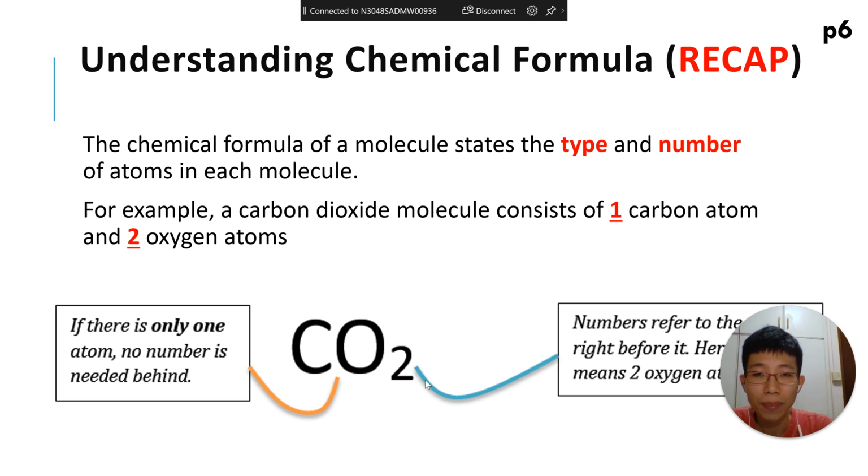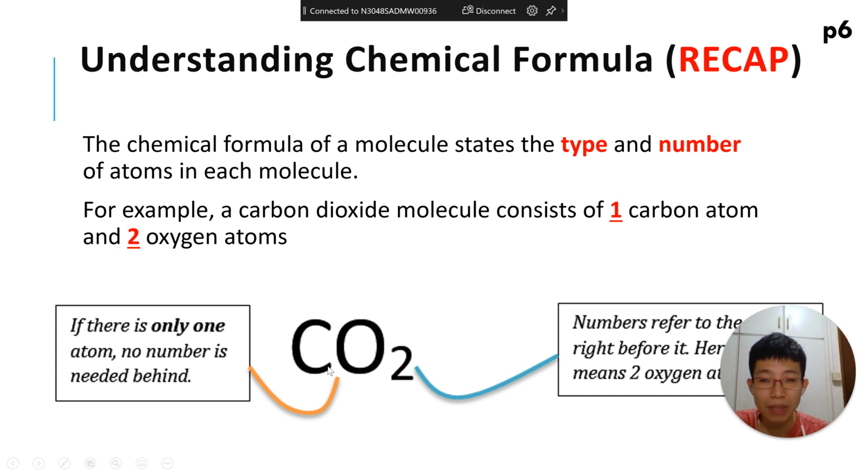When you see a formula CO2, it means that it consists of 1 carbon atom and 2 oxygen atoms. How scientists write it is that they always write the total number of atoms for the element behind the capital letter, as in behind the element. For example, the 2 is written after O, and for C, it has 1 carbon, since there's no number there.